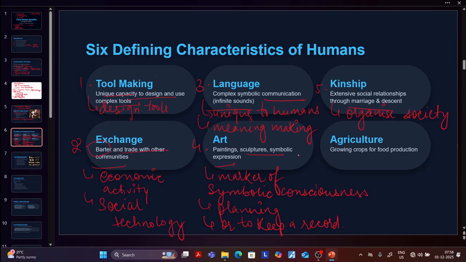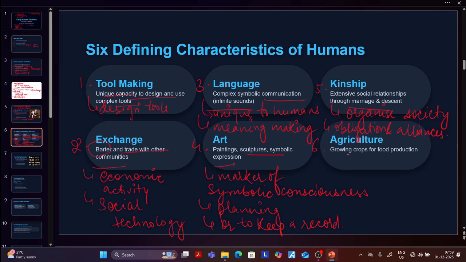Through kinship, we create obligations and alliances. Through kinship we define who belongs to which group.